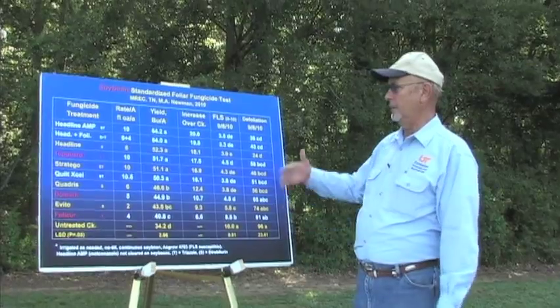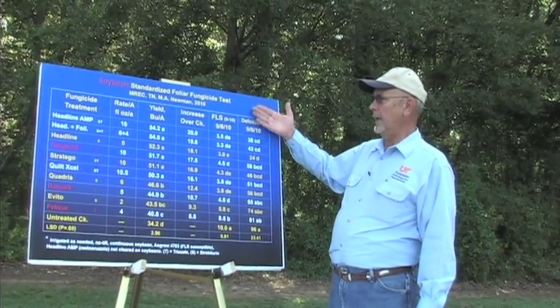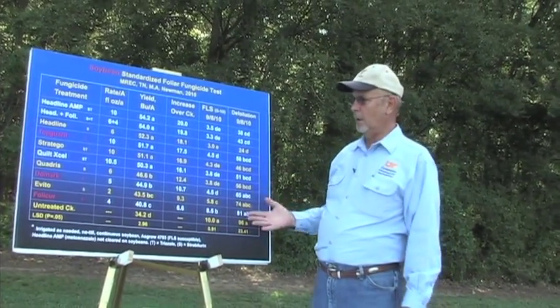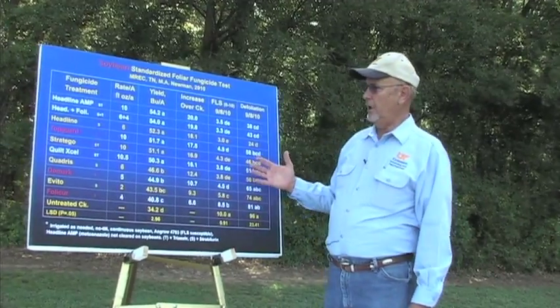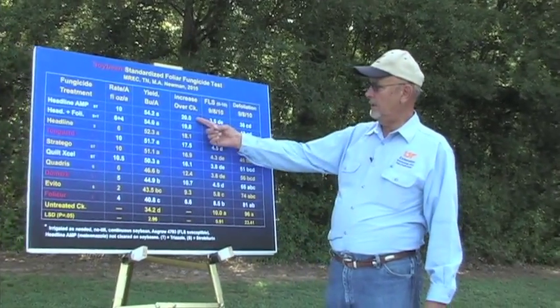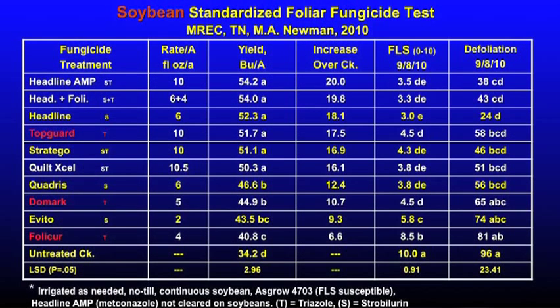Now for some data. This is a standardized foliar fungicide test that we conduct here at Milan every year. And you can see by the increase over the check, here is a 20 bushel increase. Now let me point out first, Headline AMP is not cleared yet, but we threw it in just to see how it would do, and it did very well.